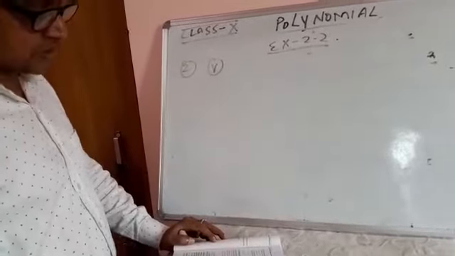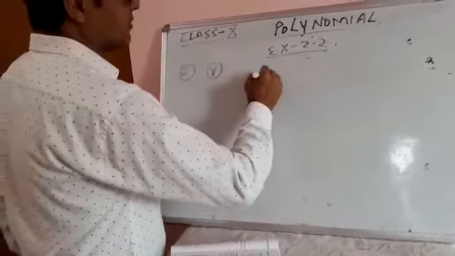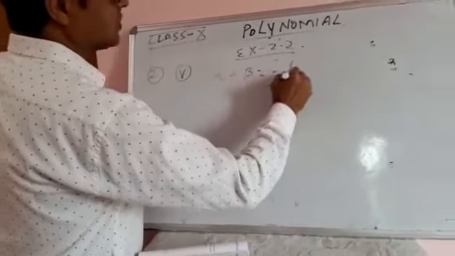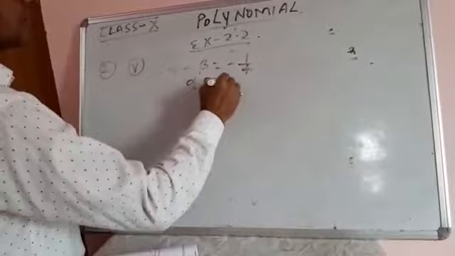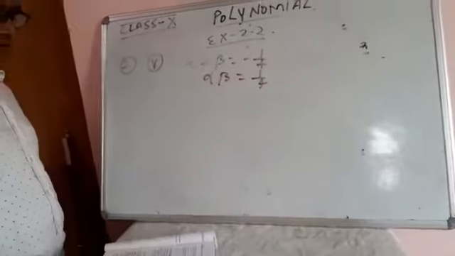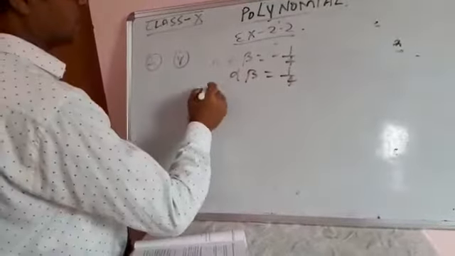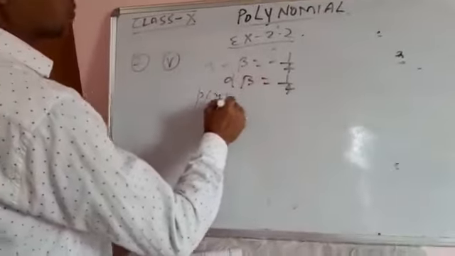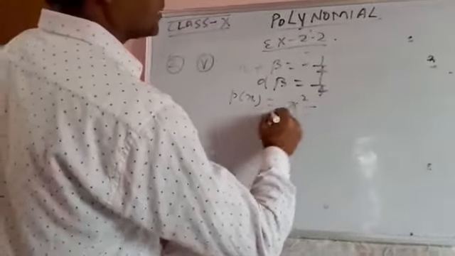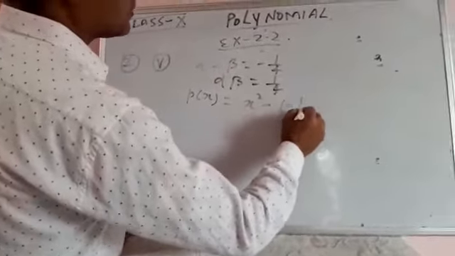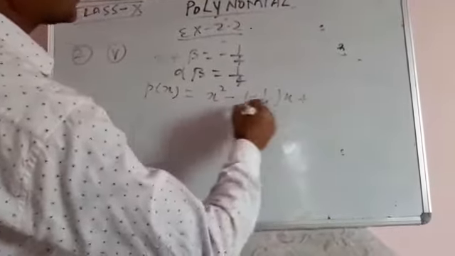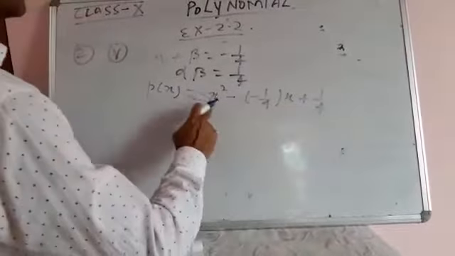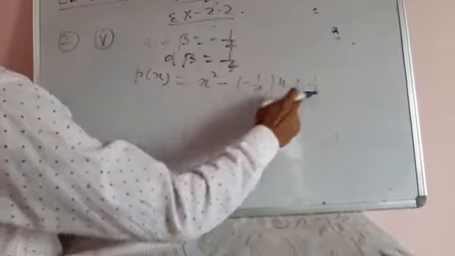Suppose I am doing this question where it is given alpha plus beta equals minus 1 by 4, and alpha into beta is 1 by 4. So what we need to do is form a polynomial. So p(x) equals x square minus (sum of the zeros) x plus product of the zeros.